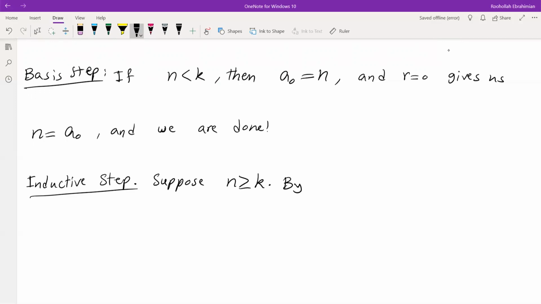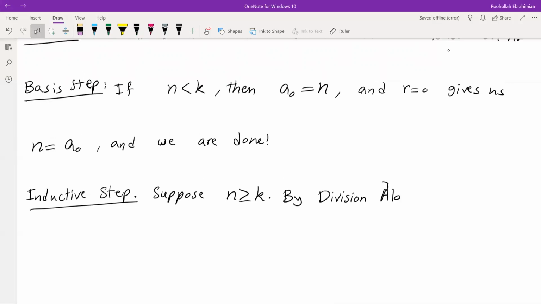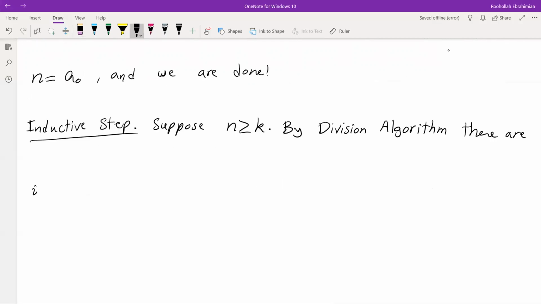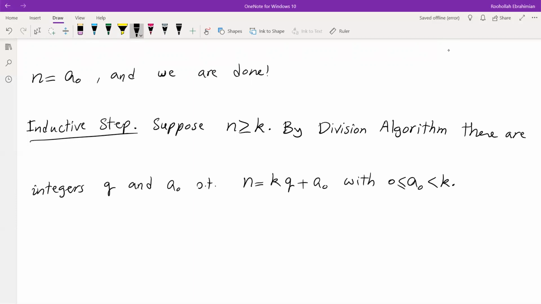Now by the division algorithm, there are integers q and a0 such that n is equal to kq plus a0, with a0 between 0 and k.